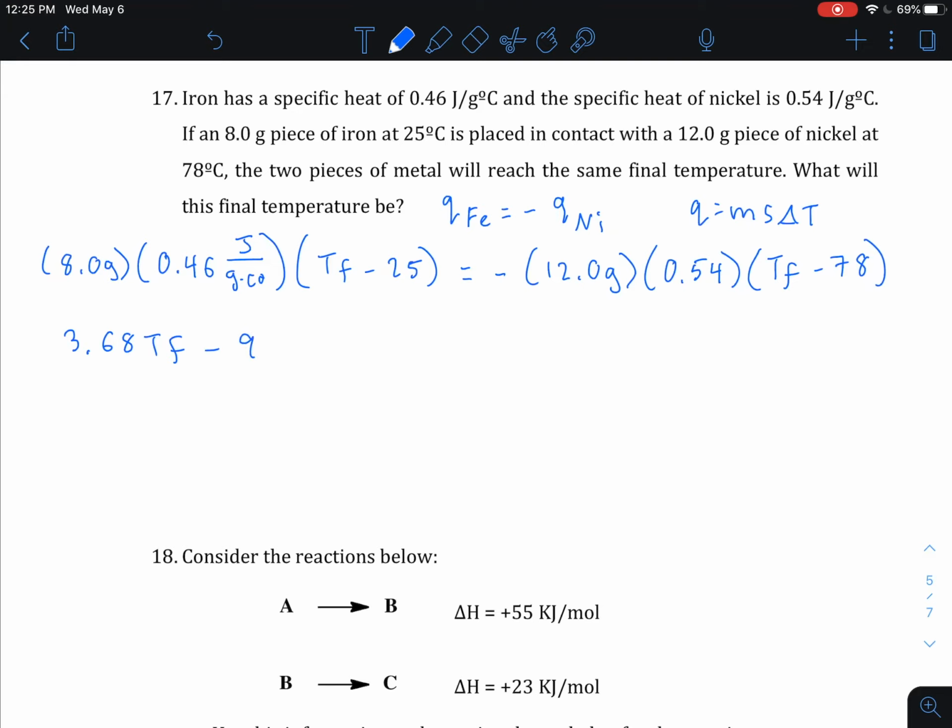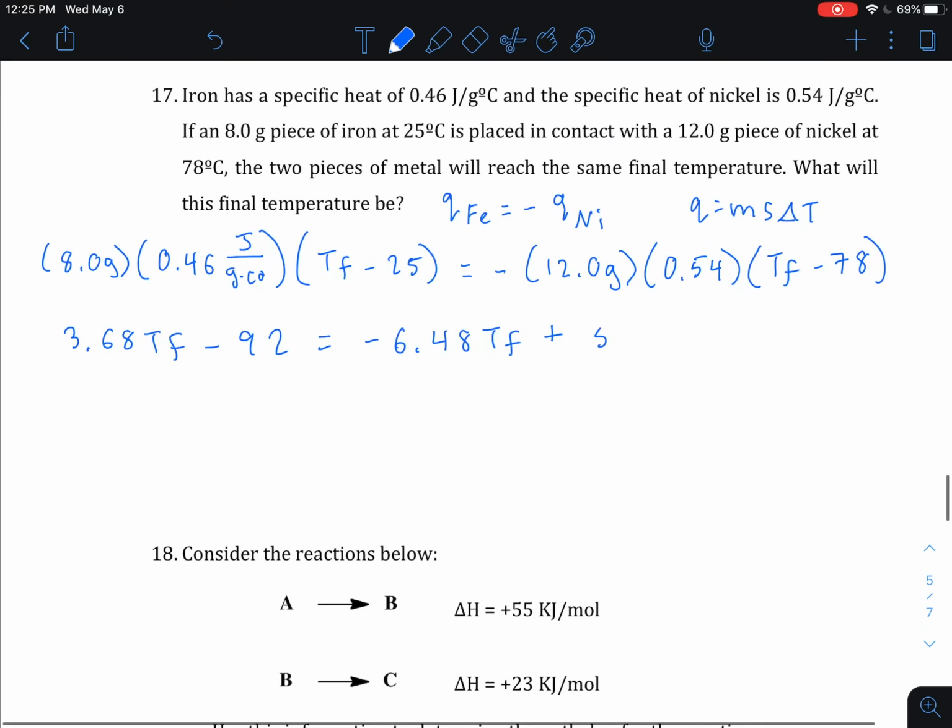So we can tidy things up here. So on the left side, looks like it'll become 3.68 TF minus 92 equals negative 6.48 TF plus 505.44.